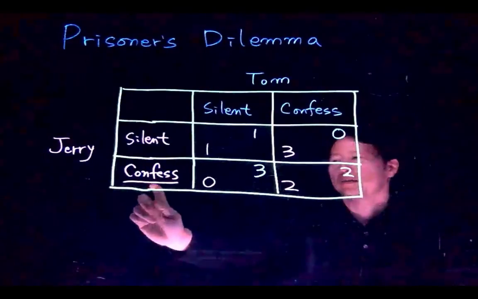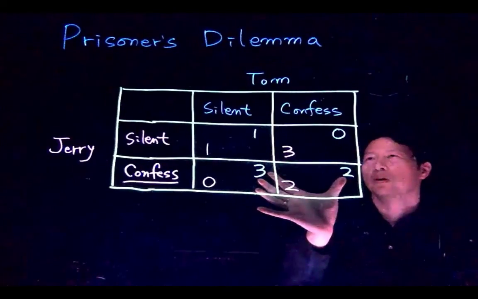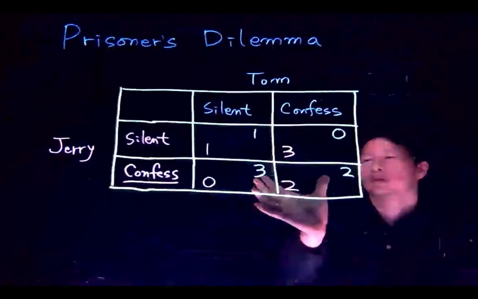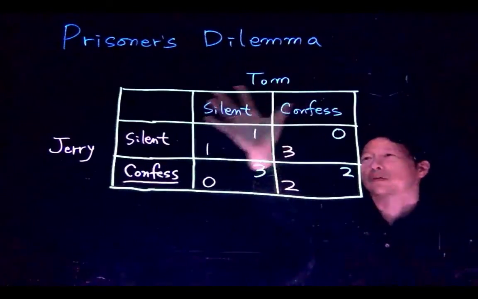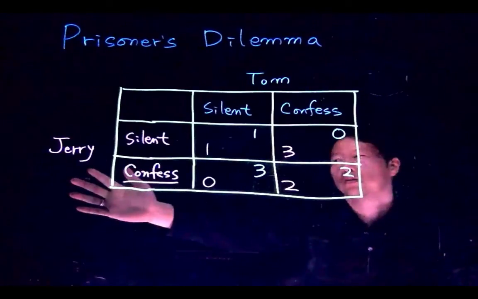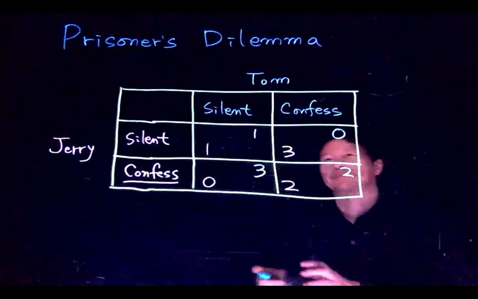If Jerry confesses, we have to compare these two numbers, 3 versus 2. Tom would be better off confessing. So the same thing happens: whether Jerry chooses silent or confess, Tom will choose confess.